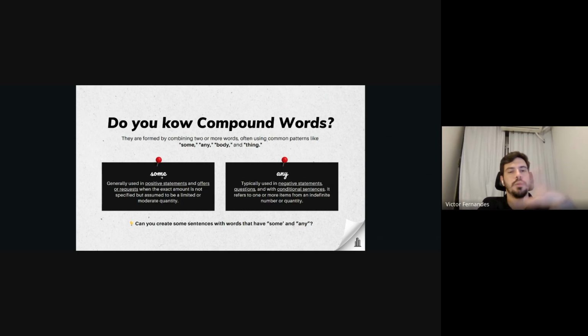Some we usually use for positive statements, offers, or requests. For example, if you get to a place and someone asks, "Do you want some coffee?" the person is probably making an offer or assuming that yes, you do want some coffee. Or if they're just saying something good: "Oh, I have some fruit in my fridge."